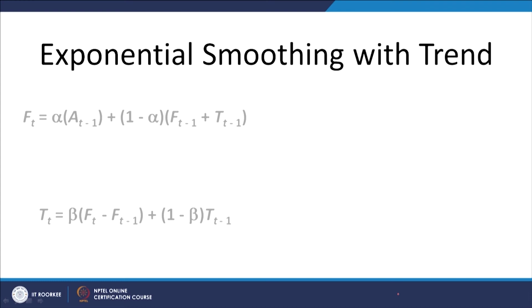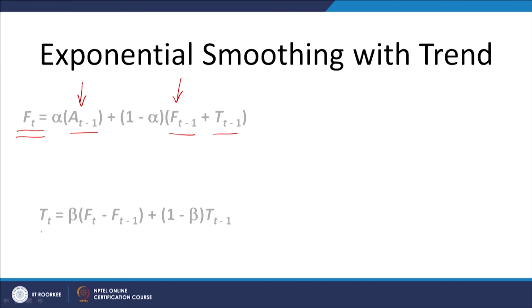One is similar to what we have done earlier: the exponentially smoothed forecast considers the actual demand of the most recent period, the forecast of the most recent period, and the trend data of the most recent period, whether it is increasing or decreasing.